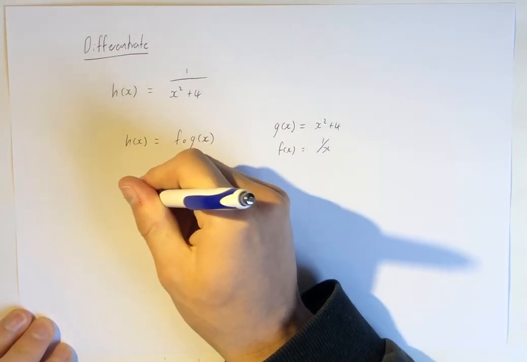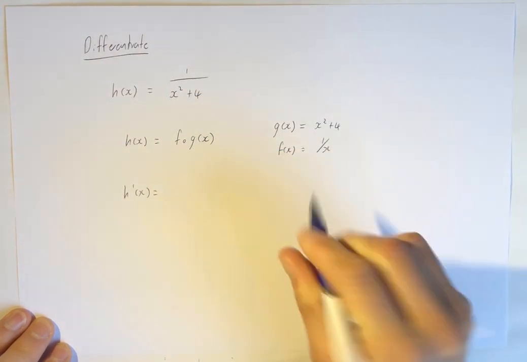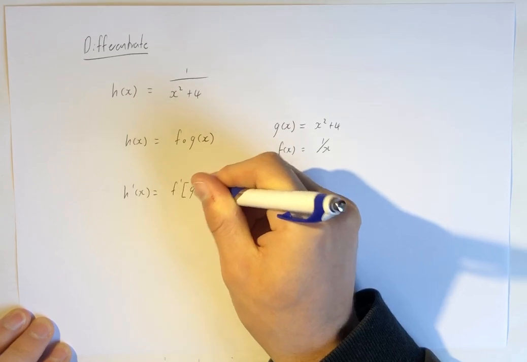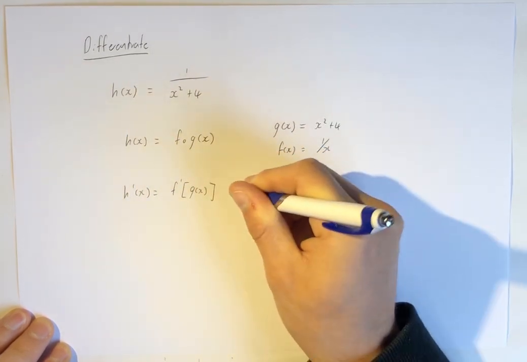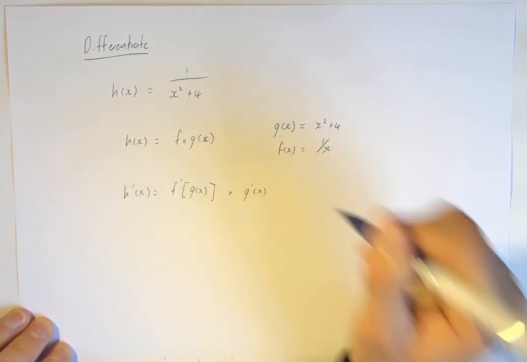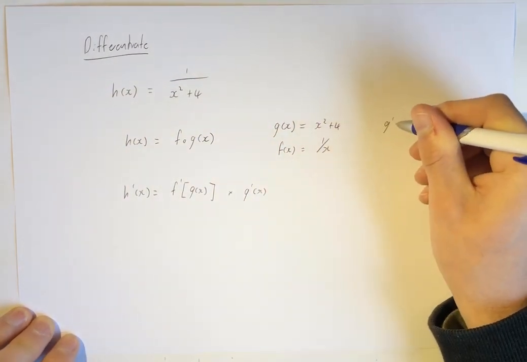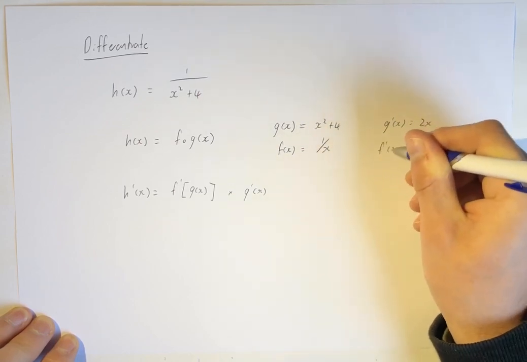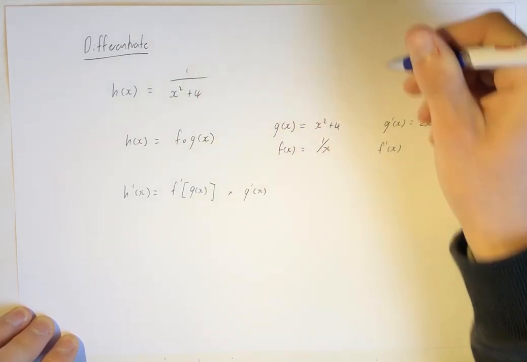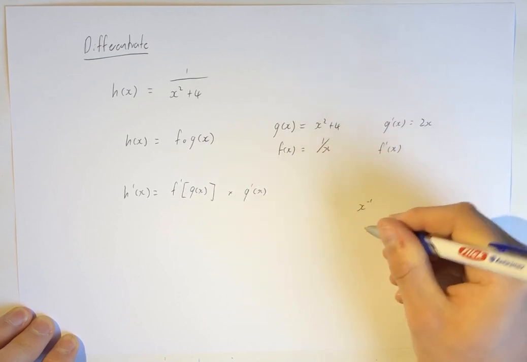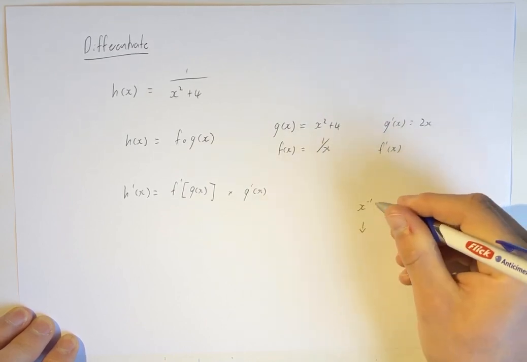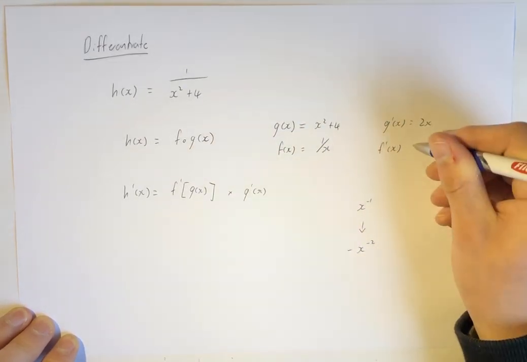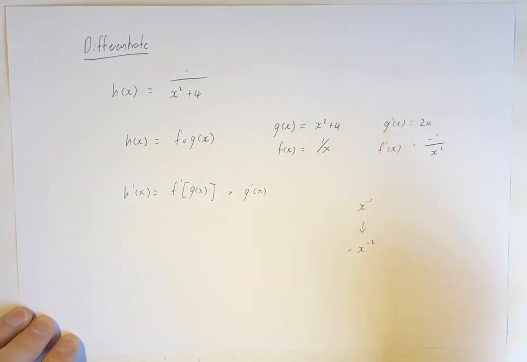So h prime of x is going to be f prime with g of x in it times g prime with just x in it. And so let's have a look at this. g prime of x is just 2x. And f prime of x, well, remember this is x to the negative 1. So to derive it, it's going to be negative, bring that 1 down, and then reduce the power. So it's going to be negative 1 over x squared.